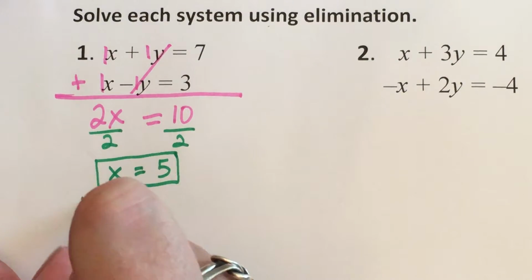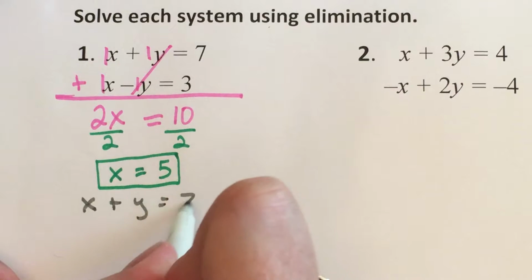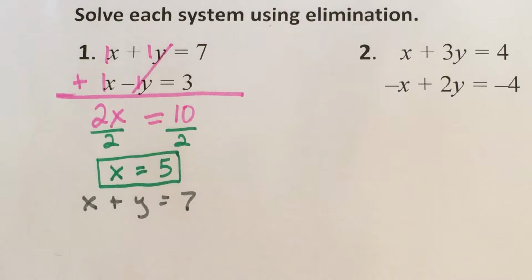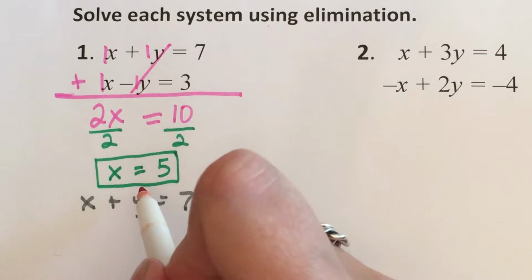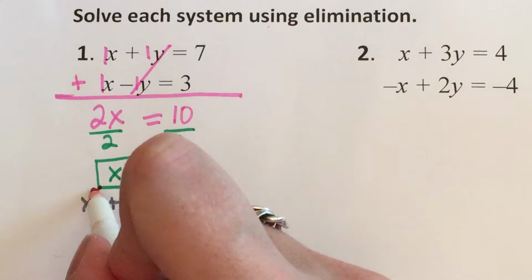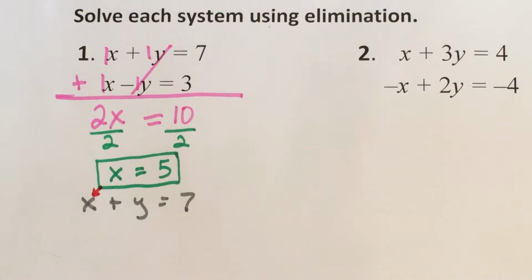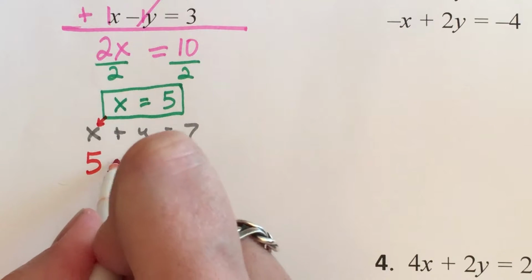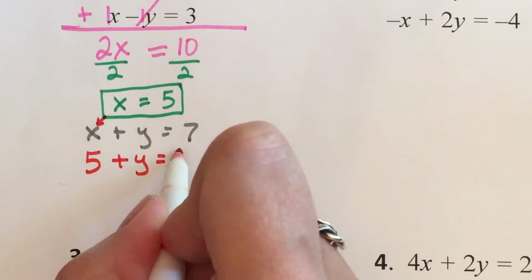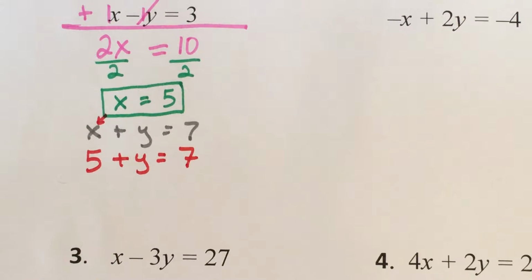So let's rewrite our first equation. And my x value of 5 is going to go right there for that x. So 5 plus y equals 7.